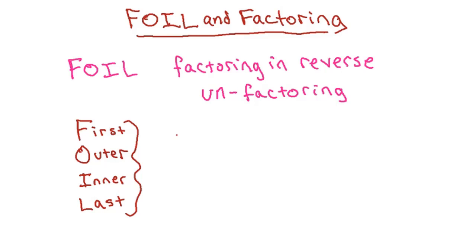And FOIL is what you do when you have a formula that is made up of two sets of parentheses. So if you have something like x plus 4, x minus 3, you would FOIL that to get it back to its original state.